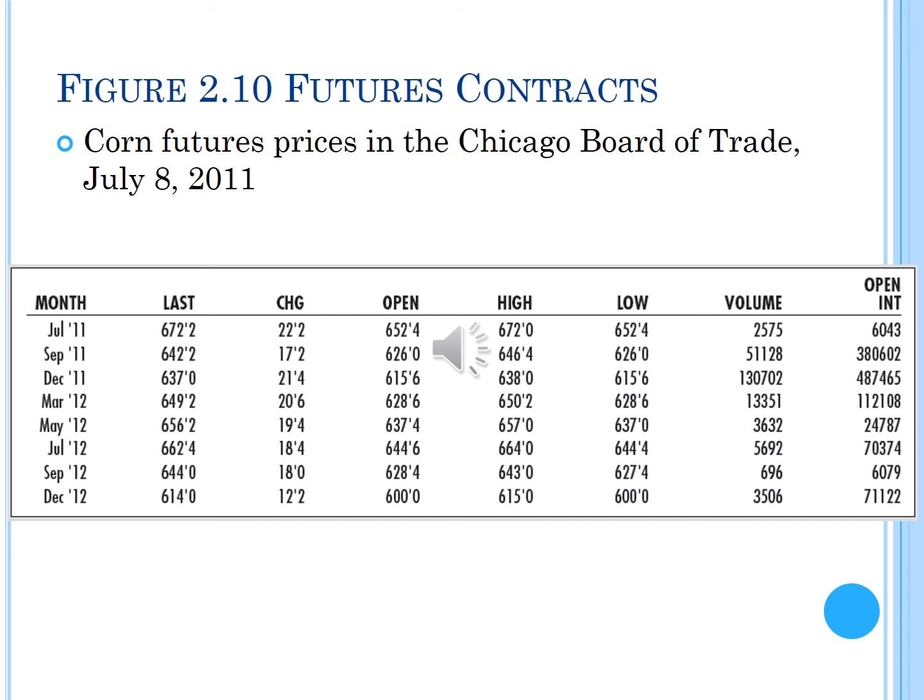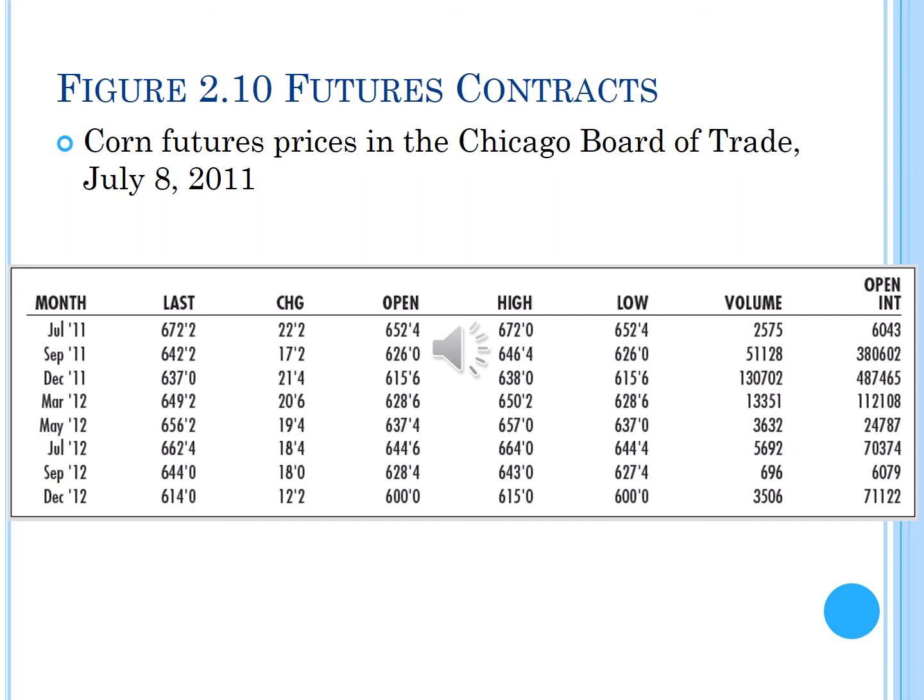The next column shows the contract's opening price that day, as well as the high and low price over each contract's life. Volume is the number of contracts trading that day, and open interest again is the number of outstanding contracts. The same concepts apply here, just like with options. The trader holding the long position profits from price increases.